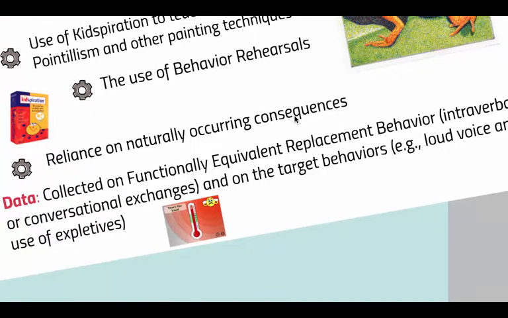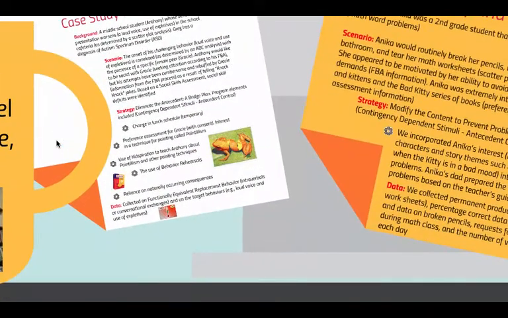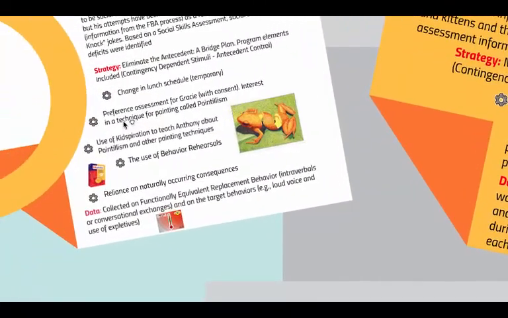What behavior did we do our data collection on? Well, we collected data on functionally equivalent replacement behaviors, that is interverbals, and conversational exchanges having to do with pointillism. And we also took data on the target behaviors, use of loud voice and use of expletives as well.